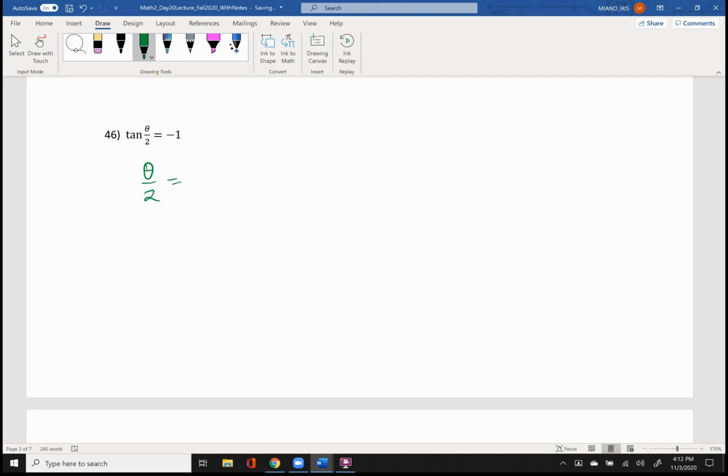For the tangent to equal -1, the sine and the cosine have to be equal in value but have opposing signs. So that's going to happen at 3 pi over 4 and 7 pi over 4. So theta over 2 being 3 pi over 4, and then we'll also have this separate instance.